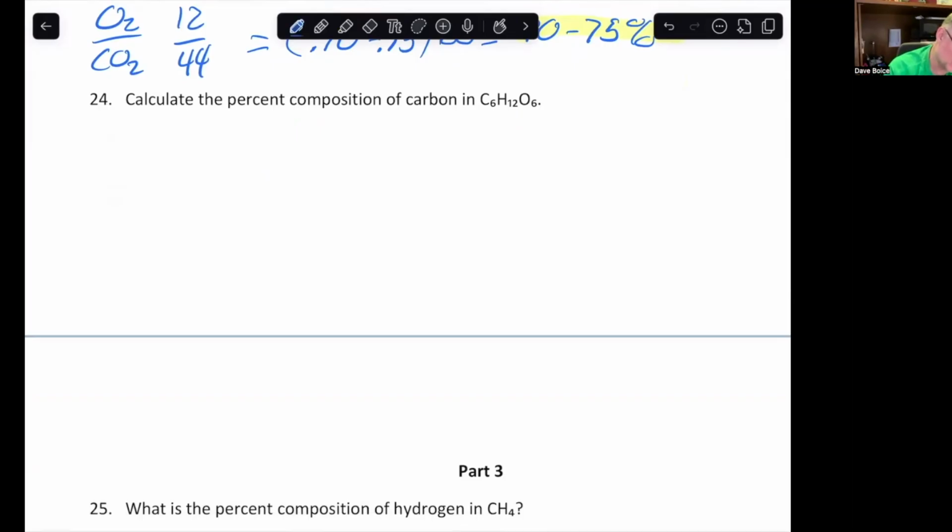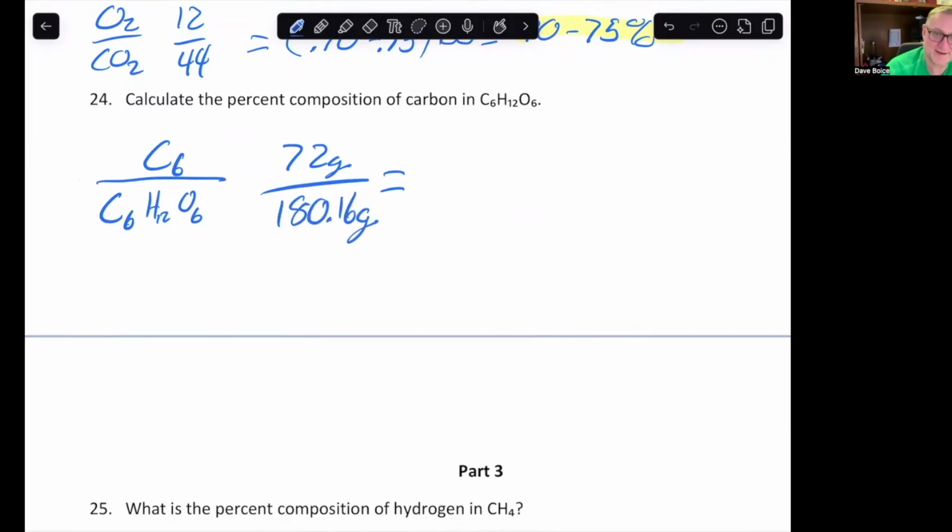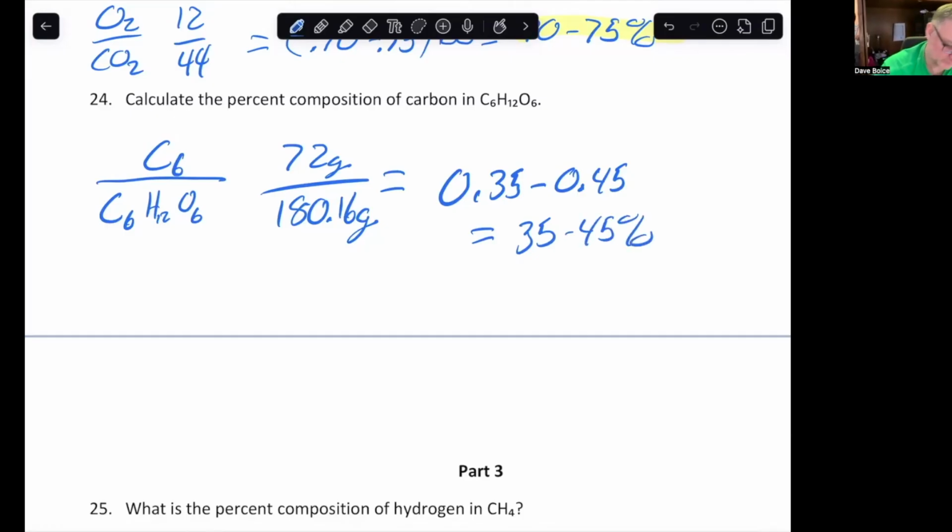So I'm going to do C6 divided by C6H12O6, and 6 carbons is 72 grams divided by 180.16 grams, and that is going to equal anywhere from 0.35 to 0.45, which is going to equal 35 to 45%. If your answers are in this range, then you're doing great.